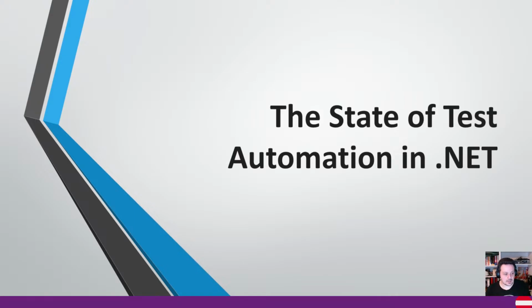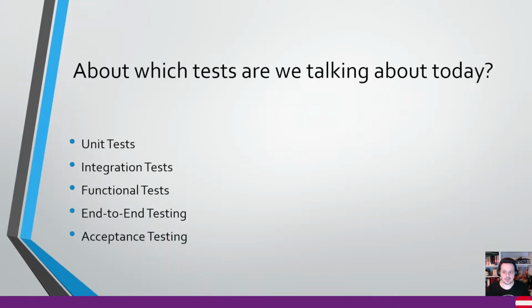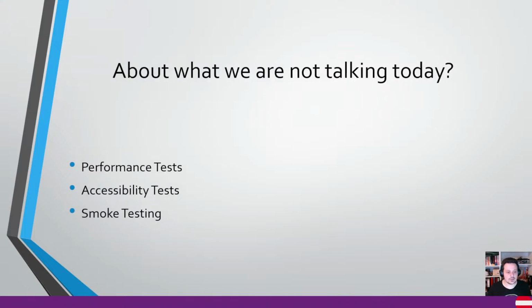When I say test automation, I'm talking about unit tests, integration tests, functional tests, end-to-end tests, acceptance tests, and so on. I'm not talking about performance tests, accessibility tests, and smoke tests. Those are completely other topics that need another set of tools and would blow our time frame for today.